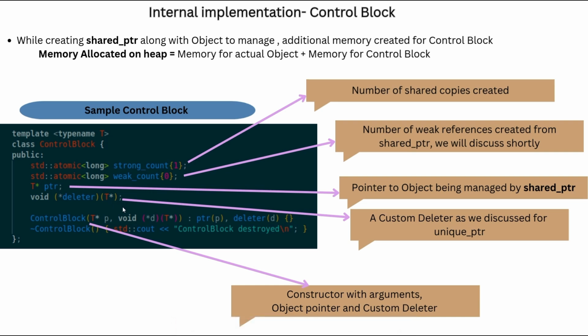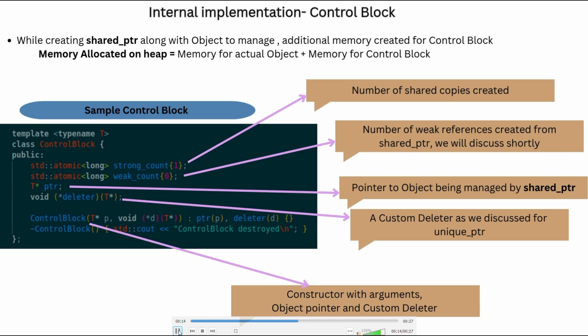Instead of deleting it directly, it will invoke the custom deleter which is provided by us. So there we can take care of deletion and freeing up the memory in the way we want. Here you can see the control block has a constructor and destructor. In the constructor you will receive a pointer and the custom deleter. A custom deleter also will be provided.